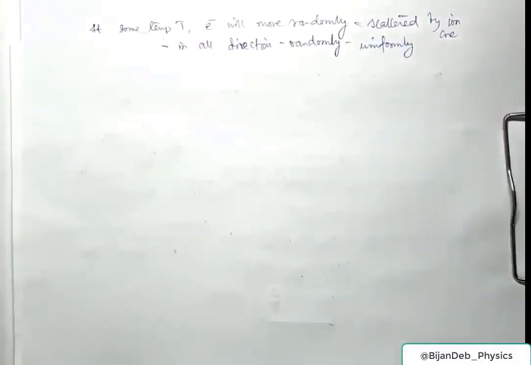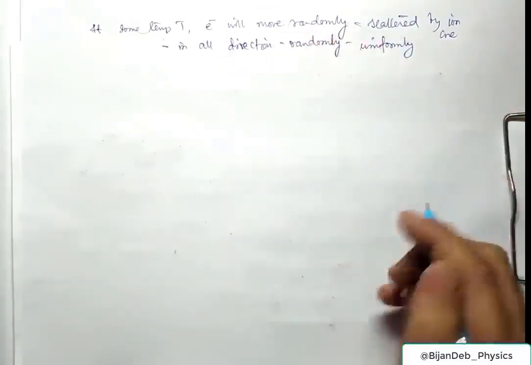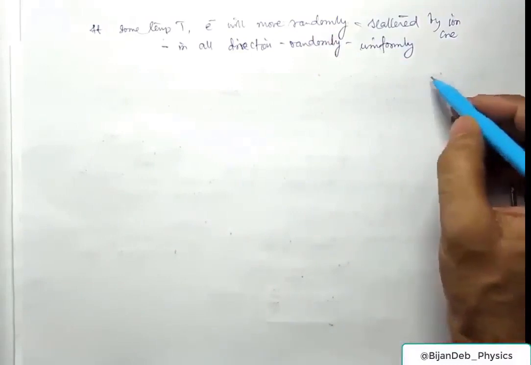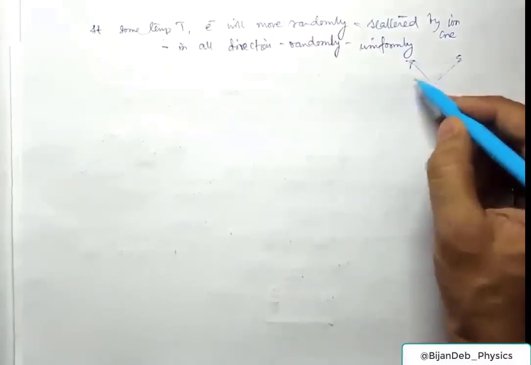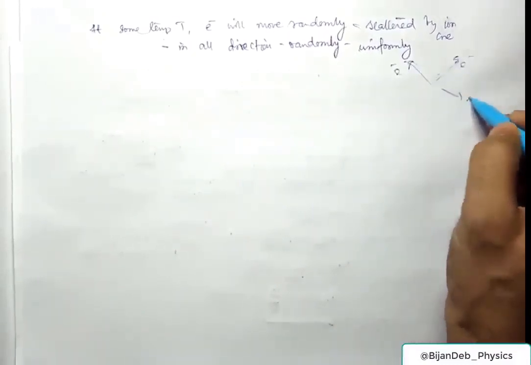So when there is no electric field or no external force, the electron will move due to temperature and it will be scattered and move in all directions. Okay. So uniformly, suppose in a metal, some electrons will move along this, some will move along this, some will move along this.